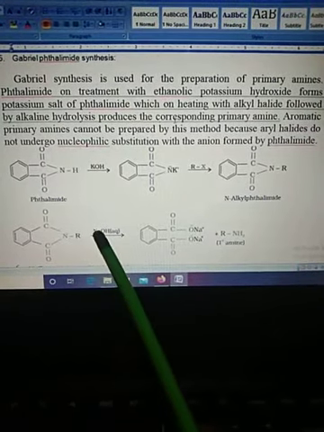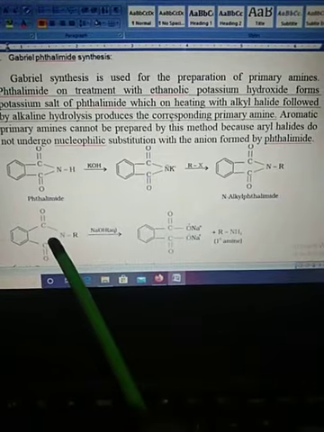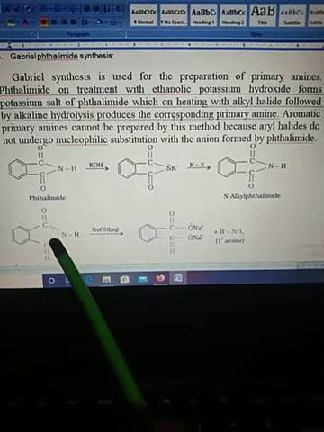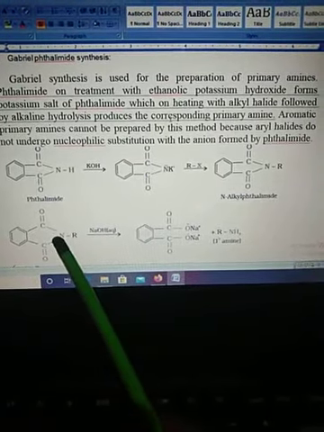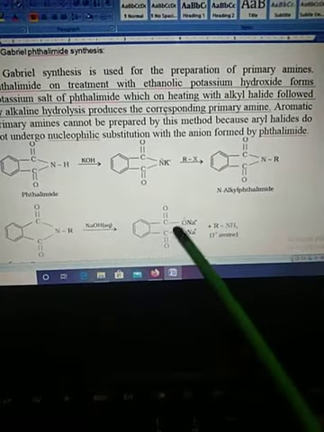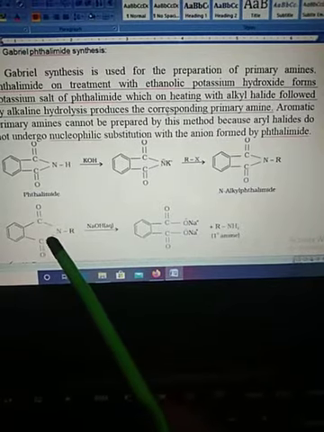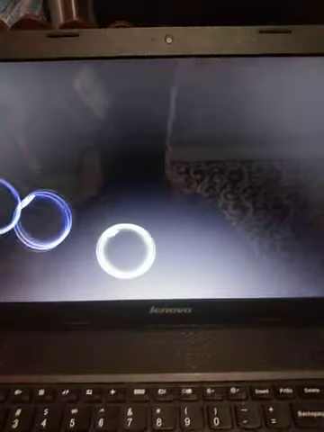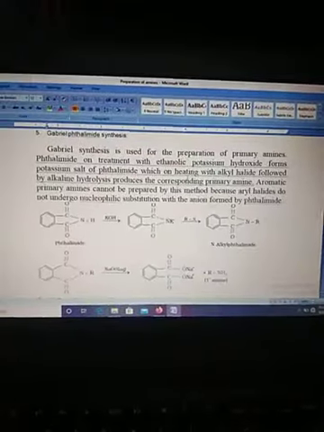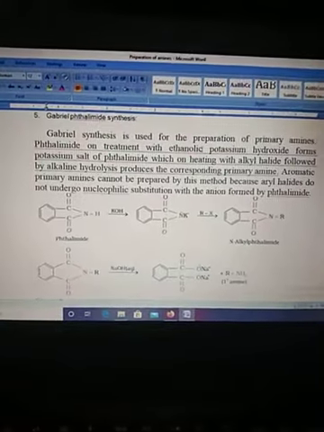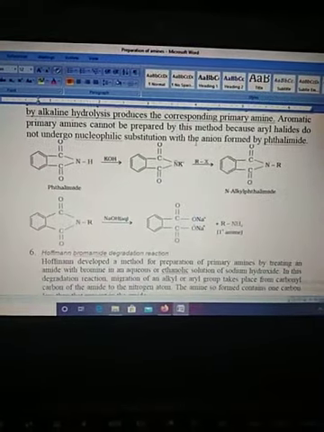Similarly, if you take one more molecule of sodium hydroxide, same thing over here, C double bond O, ONa. So you'll find this compound plus, from the NH part, RNH2, that is a primary amine. This method is known as Gabriel phthalimide synthesis.